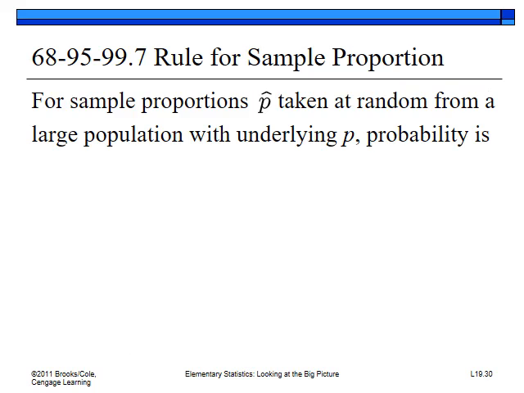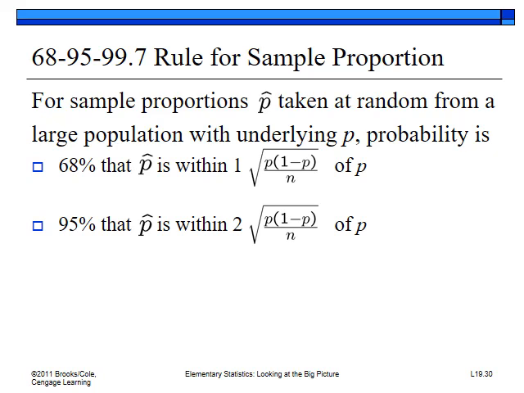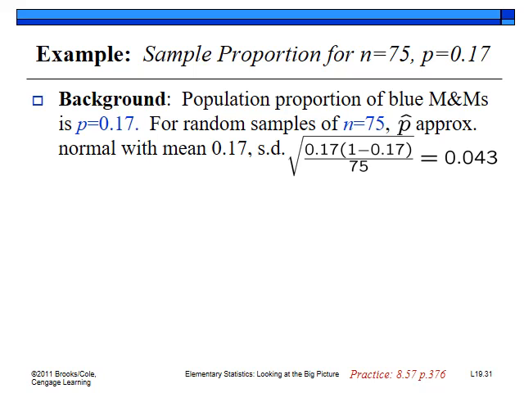So for sample proportions, there's a 68% chance that our observed proportion in our sample is within 1 standard deviation of the population proportion. Similarly, there's a 95% and 99.7% chance that the observed sample proportion is within 2 and 3 standard deviations of the population proportion.